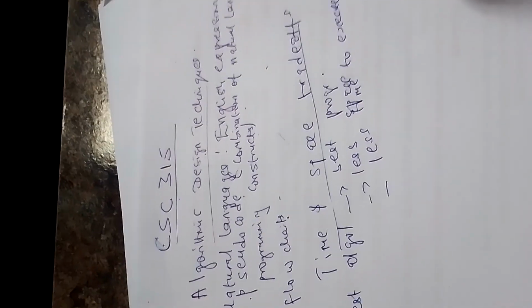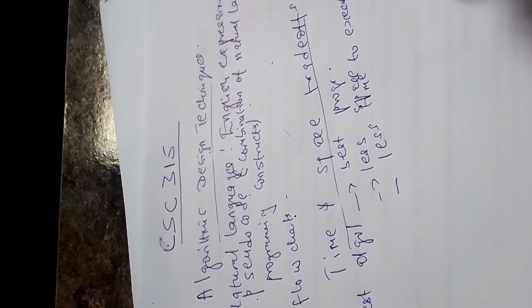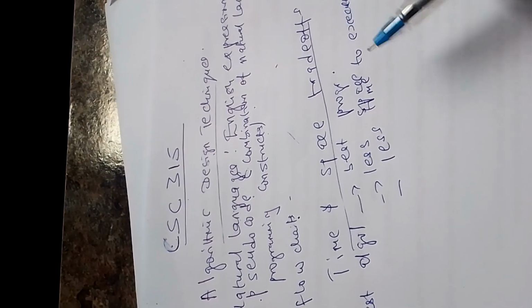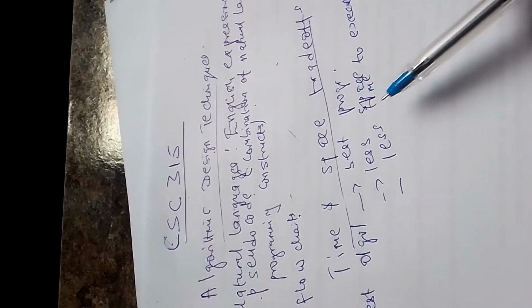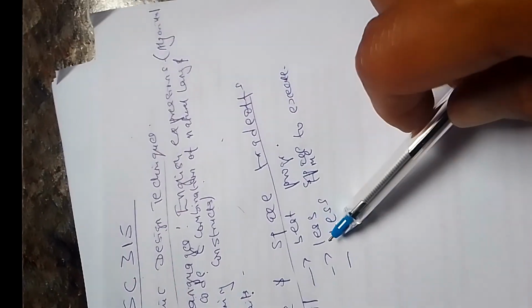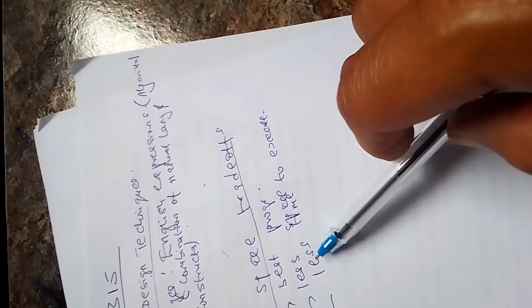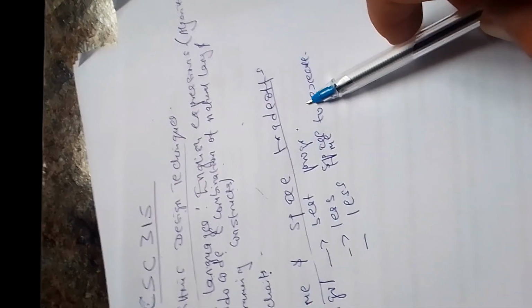But in time and space trade-off, it is not possible. In practice, it is not always possible to achieve both of these objectives: having a program that will give you the output with less space and also less time to execute.